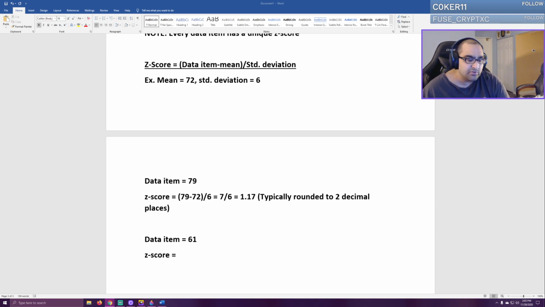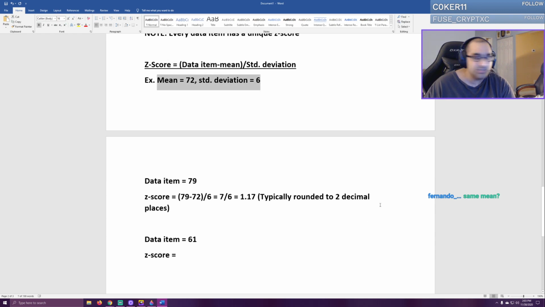Round to two decimal places. Use the same mean and same standard deviation, these two values.